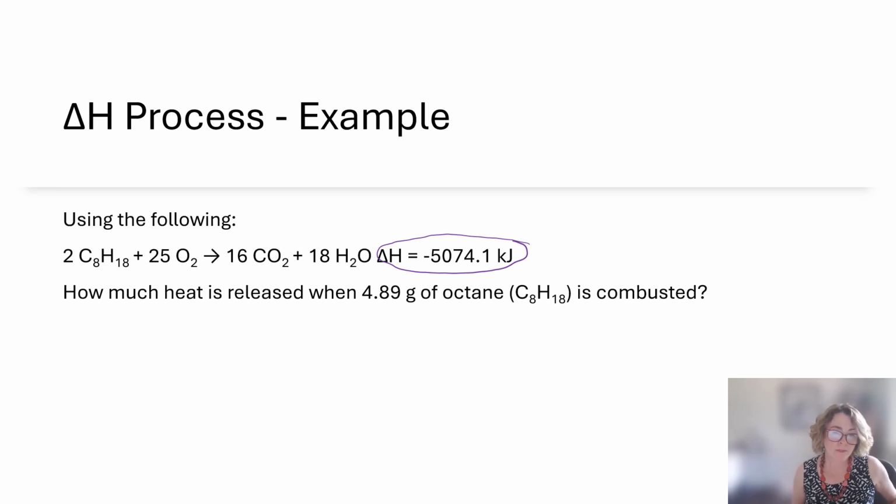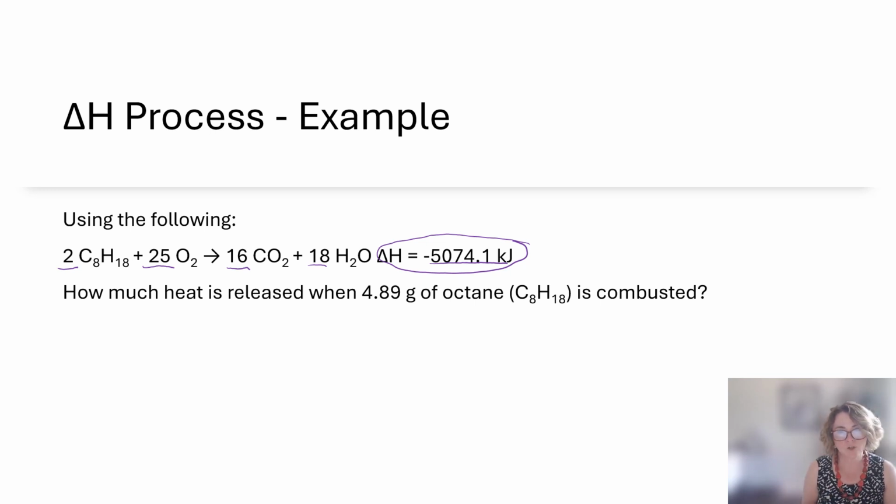The important thing to keep in mind is that this is part of your overall balanced equation. What this means is that when 2 moles of octane react with 25 moles of oxygen, that will give you 16 moles of carbon dioxide and 18 moles of water, and release that amount of heat.